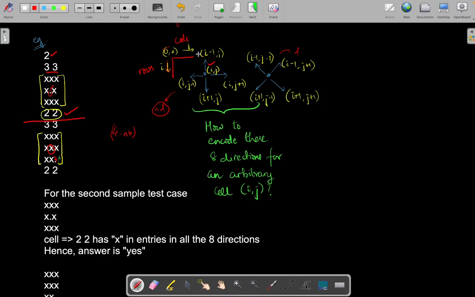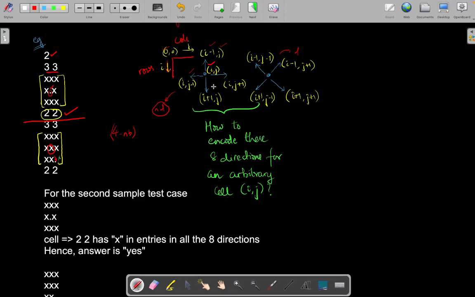Then for this arbitrary cell ij, if we move upward, we are subtracting one from the row, and the column stays as it is. If we are moving to the left of that cell, we stay at that row, but decrement the column by one.